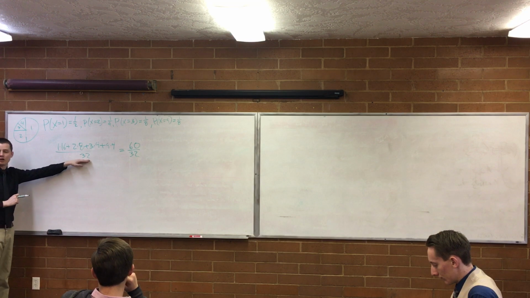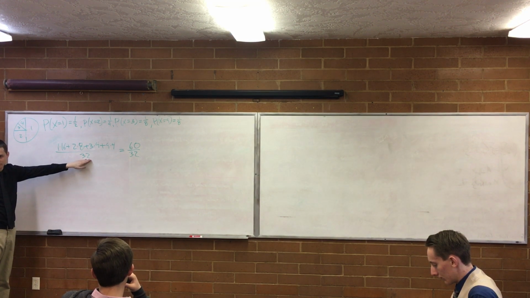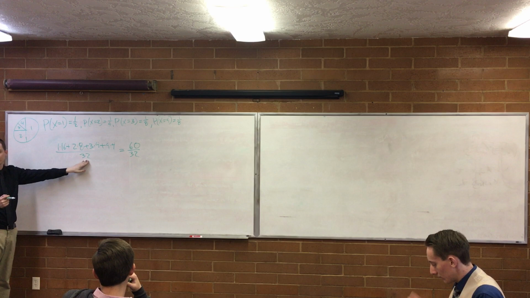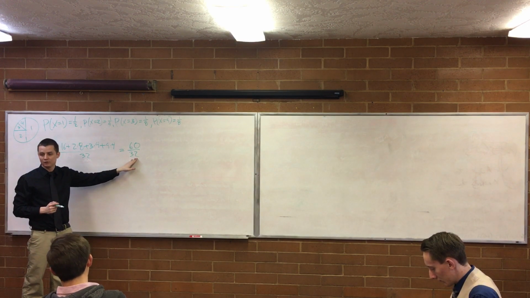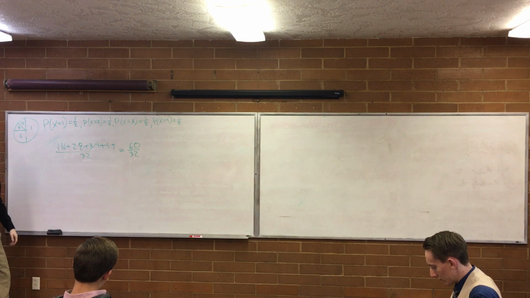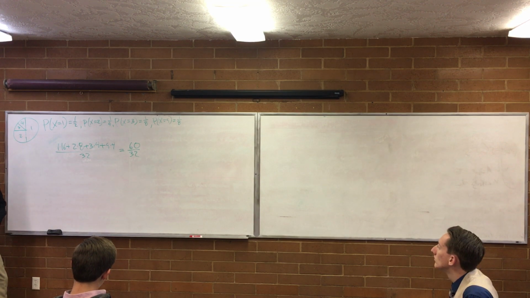Now, we arbitrarily chose 32 times to do this, which is kind of weird, right? I said, if we played the game 32 times, then here's what the average would be. What if we played the game 1,000 times? What would the average be? Do we need to go recalculate everything?